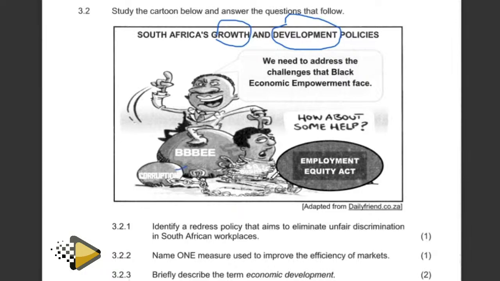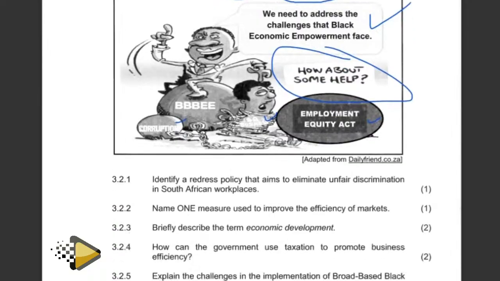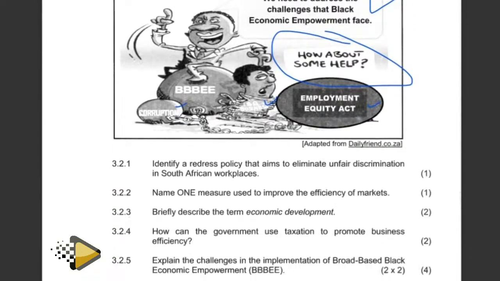This is corruption, and then we also have the Employment Equity Act, and then we also have South African businesses. Also, how about some health? So we also have this given set of messages. Okay, grade 12, know that before you can even jump on to answering any question, you should always make sure that you understand the message that is actually being portrayed by the given cartoon.